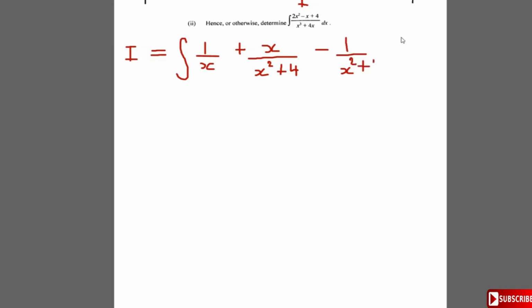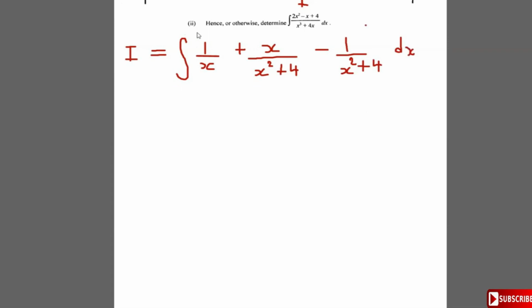And I is now equal to the integral of 1 over x plus x over x squared plus 4 minus 1 over x squared plus 4, dx. This is what we're integrating now.